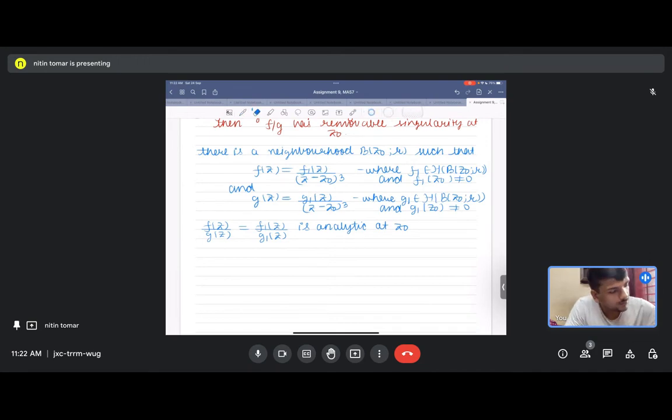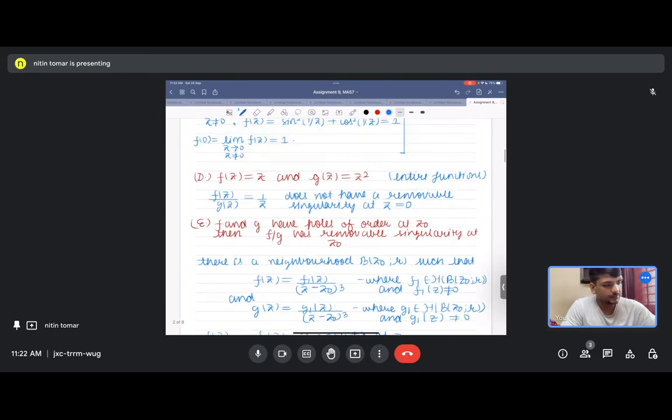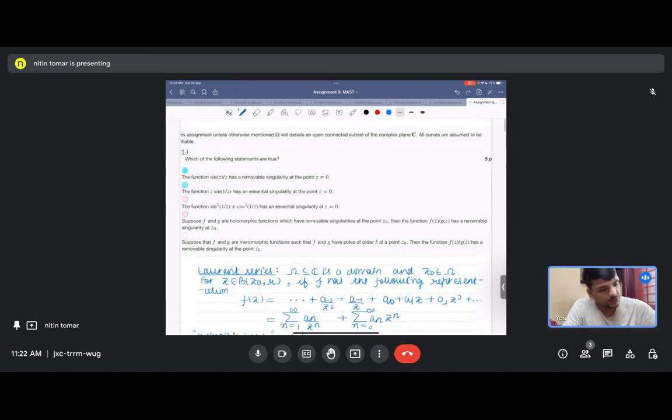In fact, not only for z naught, we can say it for any z in this domain, since f1(z) is not 0 and g1(z) is not 0 for all z in this domain. So it is a quotient of two non-vanishing analytic functions, hence it is analytic. So therefore, at z naught it has a removable singularity. Okay, so this option is true.